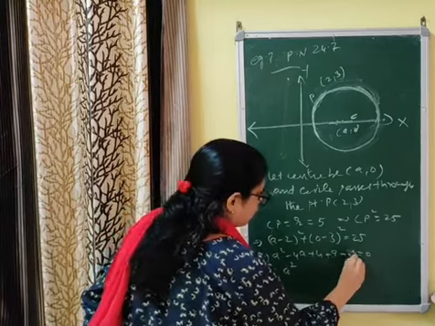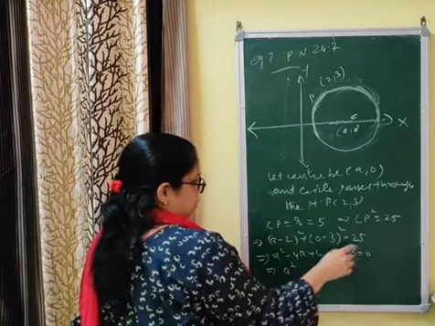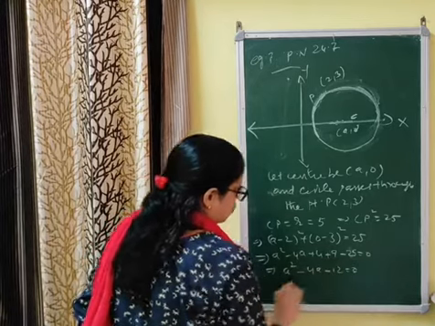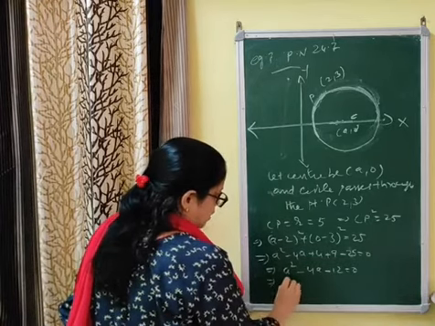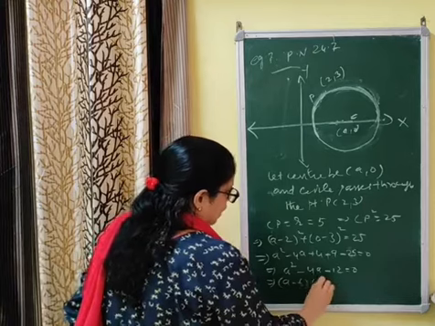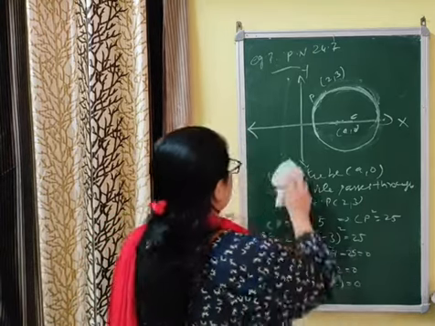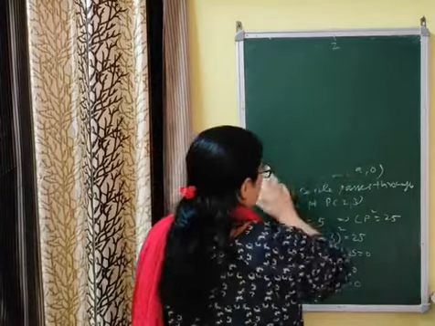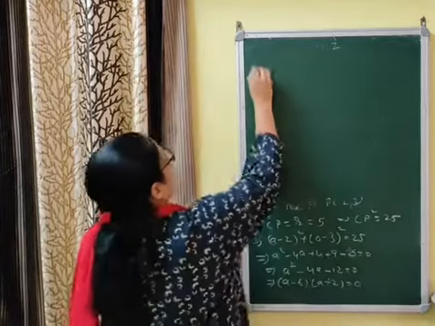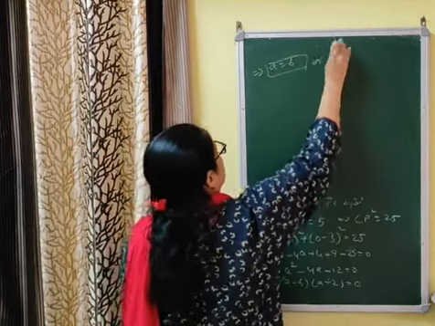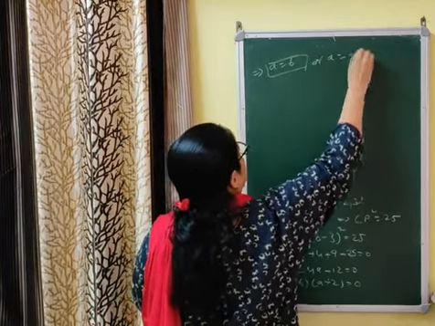That is a square minus 4a minus 12 is equal to 0. By splitting the middle term, you will get (a minus 6)(a plus 2) is equal to 0. See, minus 6 plus 2 is minus 4, and minus 6 into 2 is minus 12. That implies a is equal to 6 or a is equal to minus 2.